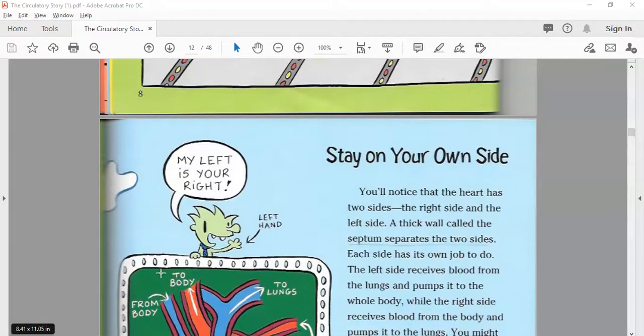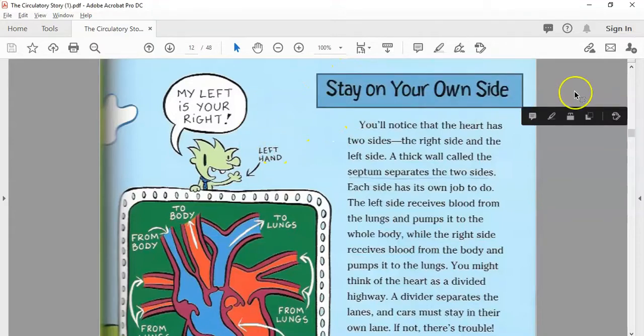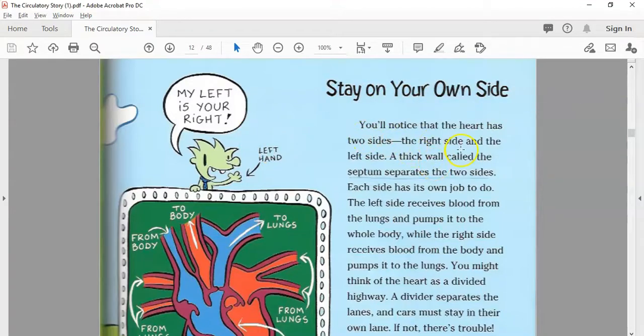Okay, so now we are on page 9. Sorry, we're not going to find the main idea of 10. It's the main idea of 9. Okay, so on page 9, remember, good readers always go back and reread. So I know this section is all going to be about staying on your own side. Okay, so you'll notice that the heart has two sides, the right side and the left side. A thick wall called the septum separates the two sides. Each side has its own job to do.